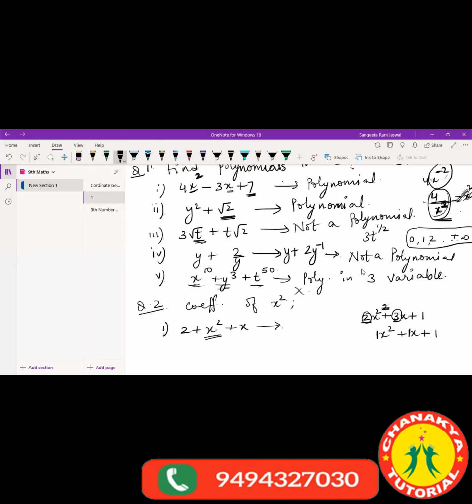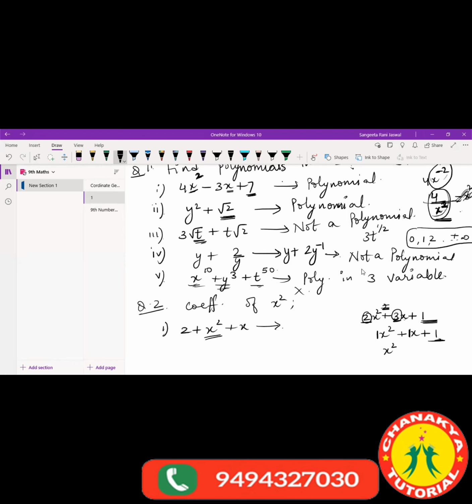Here also coefficient is 1. But in this case, this is a constant term. Why? Because there is no variable here. Any term without a variable is called a constant term. But what is a coefficient? The coefficient is the number attached in front of the variable. This number. Okay?